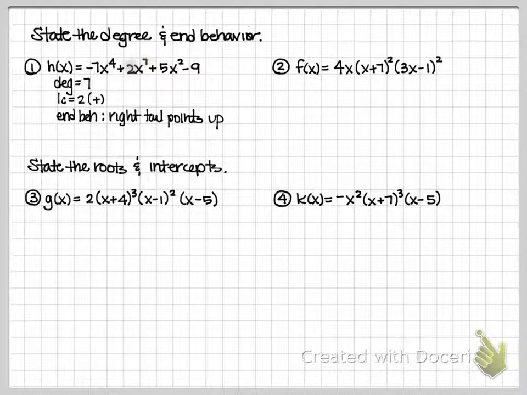So go back to the degree. If the degree is an even number, then that means that the tails are going to point in the same direction. If the degree is an odd number, which this one is, then we know that the tails are going to point in opposite directions. So now I can say the left tail points down.